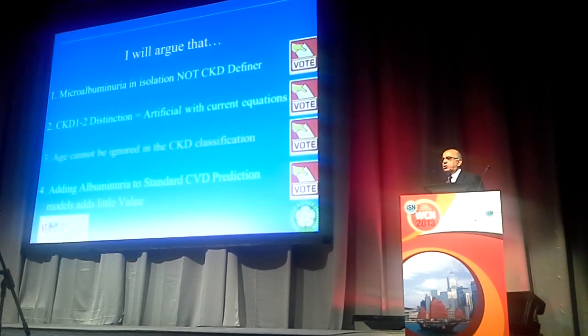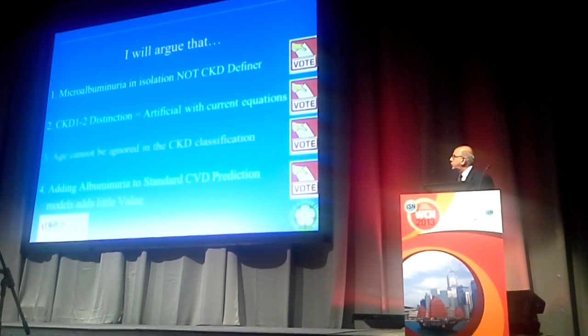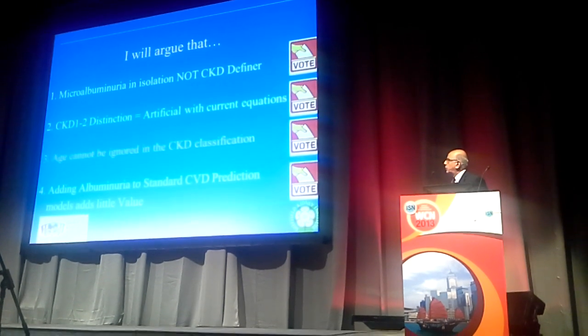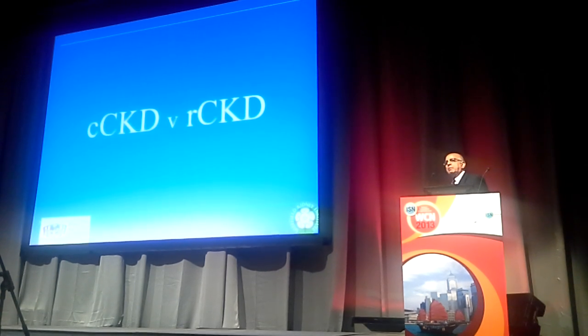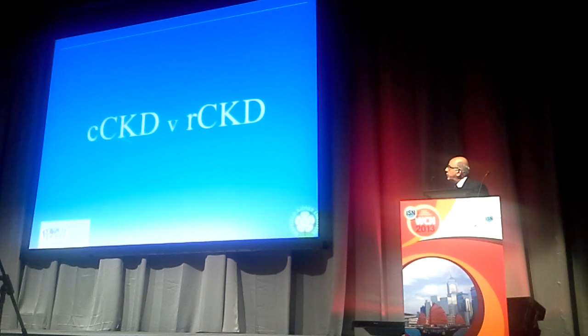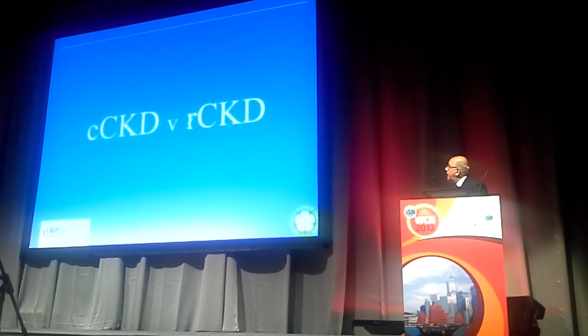Age has been contentious for a long time, whether it should be or should not be taken into consideration. And Professor Glasek, who's again present with us, led, along with Chris Winnell, this argument. One thing we need to bear in mind, and it will come at the end when we talk about the purpose of the classification, I've put C here for community-based CKD, and I've put R for referred CKD.